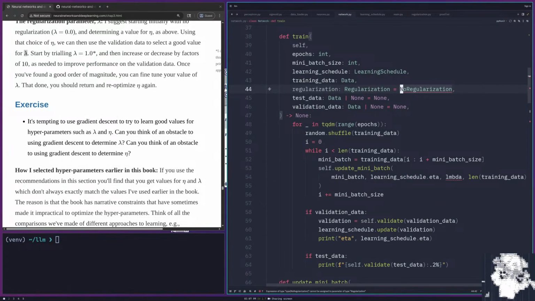Expression of type no regularization cannot be assigned. Oh, because I need to initialize it. This is an odd thing to do in Python, because this thing is going to be shared between all calls of this method. In this case, that's okay because it doesn't do anything anyway.